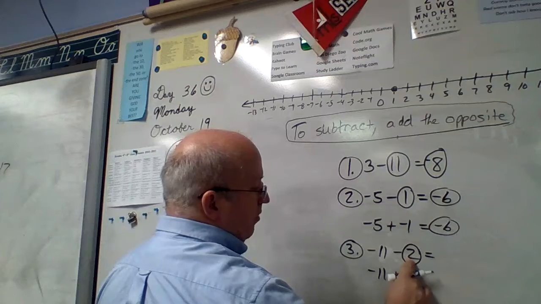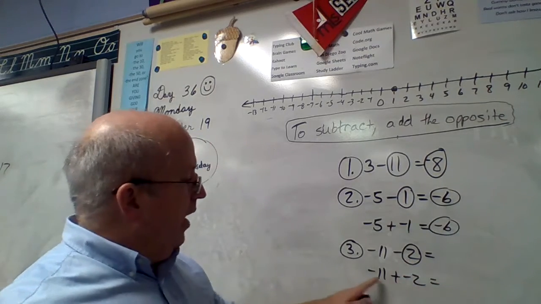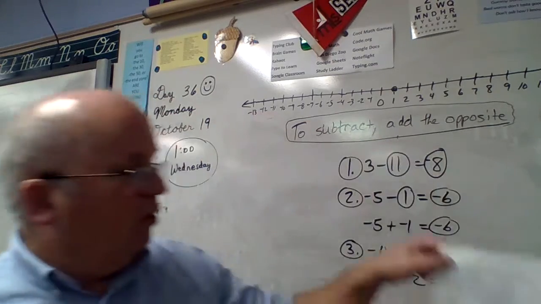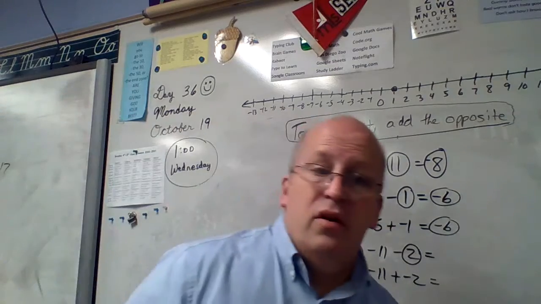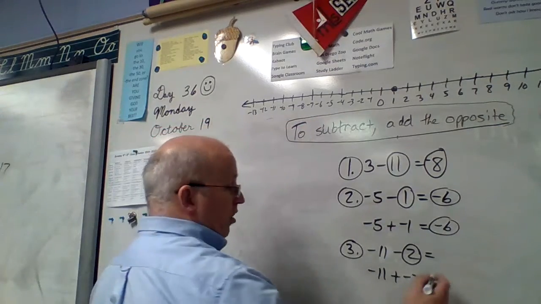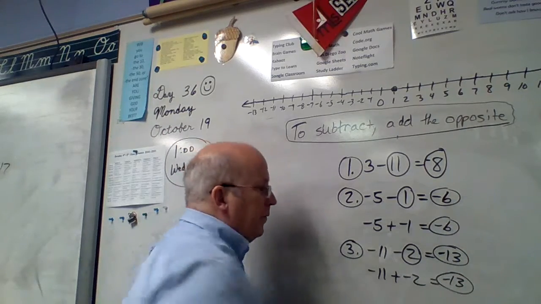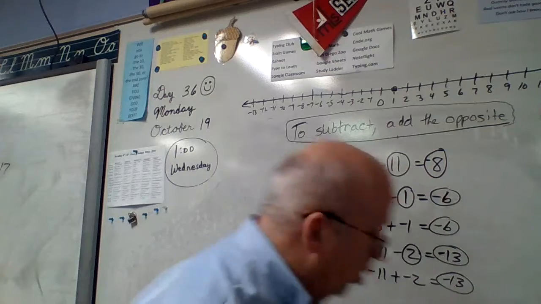I add the opposite of that second number. Hey, now I'm adding 2 negative numbers. Isn't that the second adding rule now? Adding of 2 negative integers? Yes, it is. And the rule says just add them. This is negative 13.